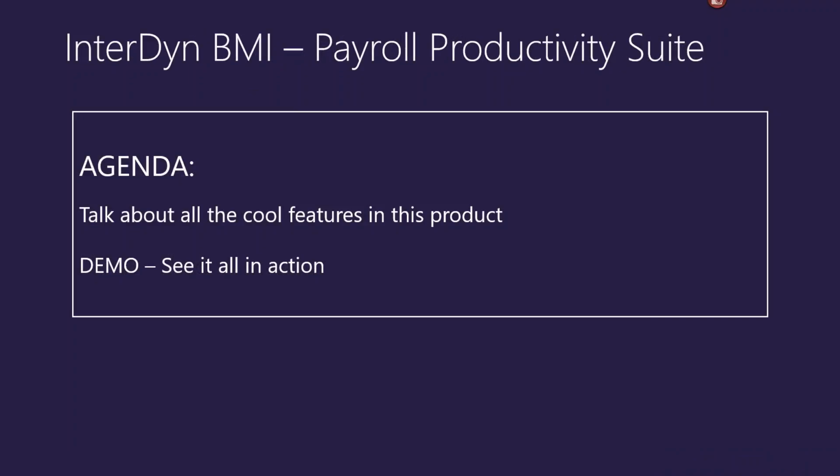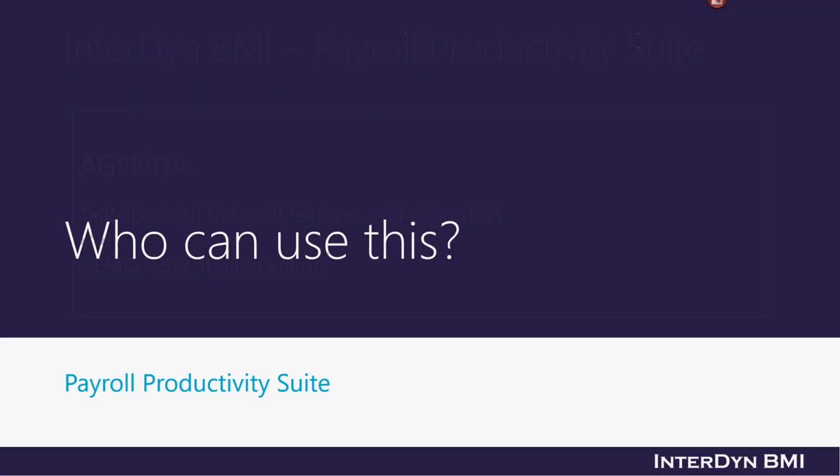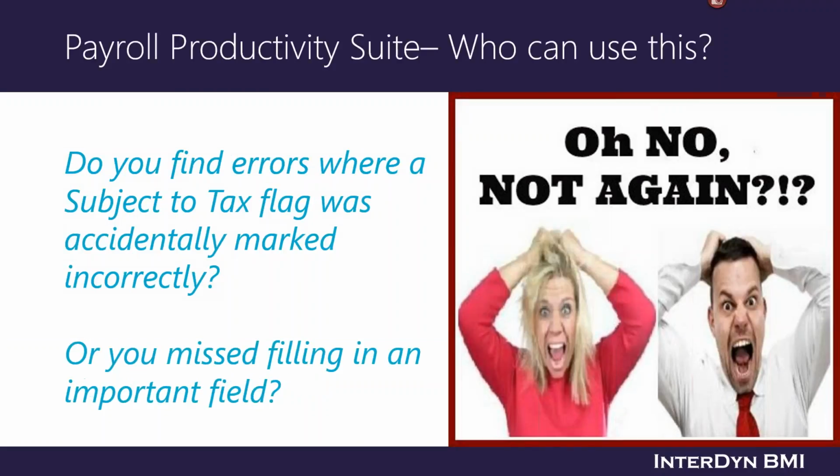Okay, so our agenda for this little session is to talk about all the cool features in this product for the Payroll Productivity Suite and then see it all in action. So first of all, who can use this product? Here's a few questions for you to ask yourself. Do you find errors where a subject to tax flag was accidentally marked incorrectly, or you find that employee fields weren't filled in properly, so you missed something that you would like to be sure that is filled in?